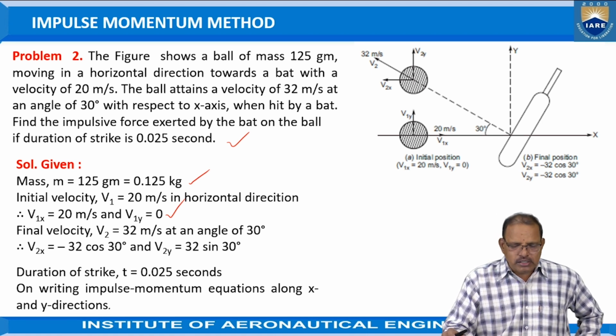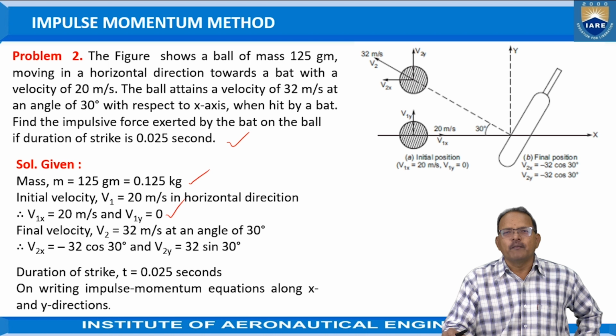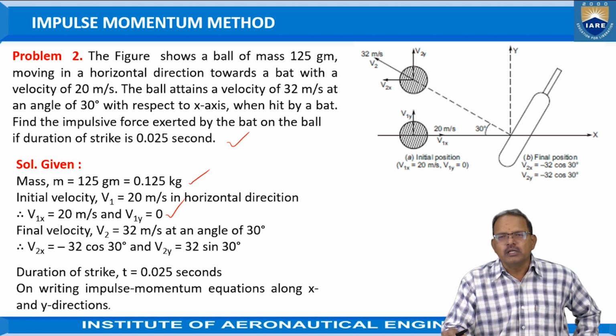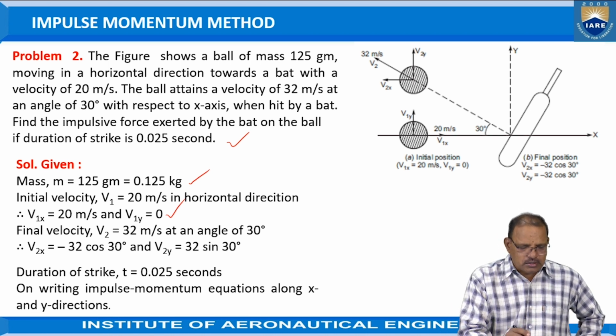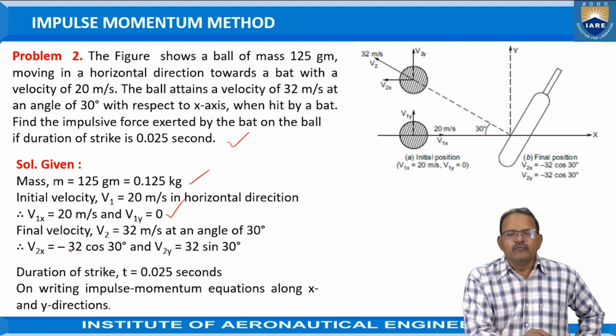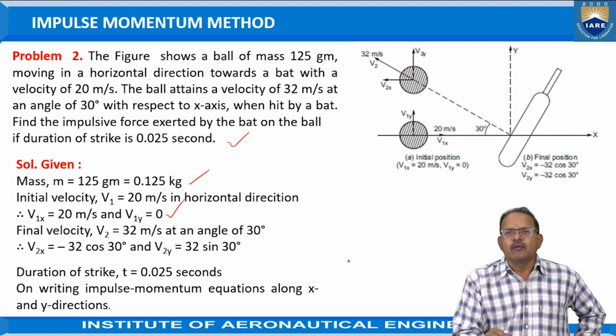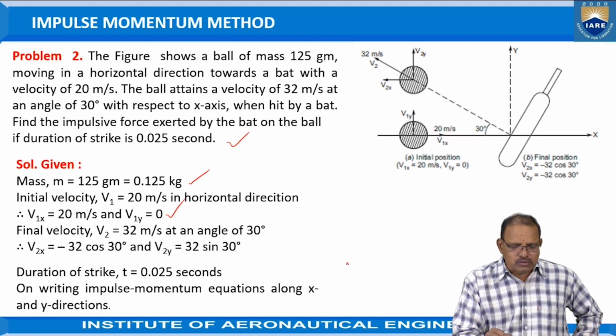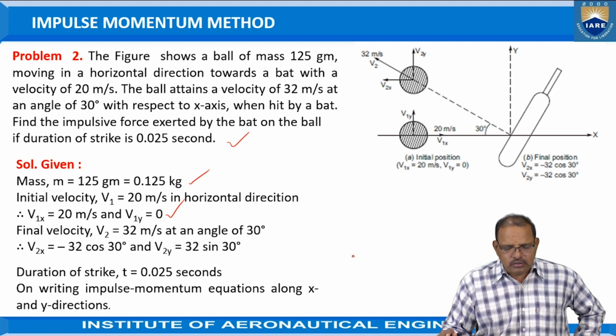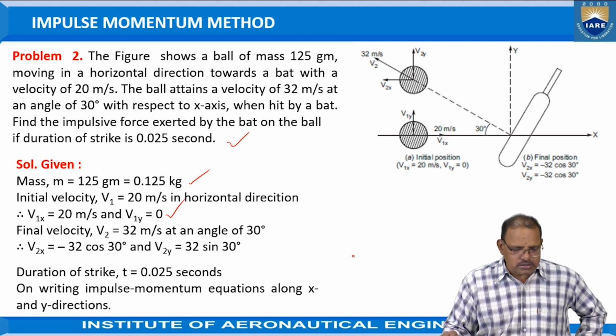Hence, the direction of motion of the ball after hitting is treated as negative, because it is the opposite direction in which the body moved earlier. Hence, v2x is equal to minus 32 cos 30, and v2y, it is moving in the upward direction, is taken as positive. v2y is equal to 32 sin 30 degrees. Duration of the strike is t equal to 0.025 seconds.